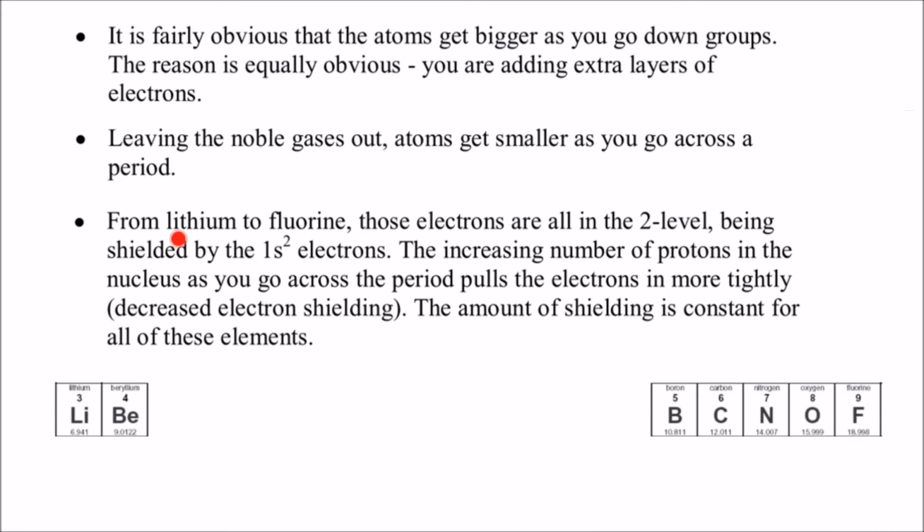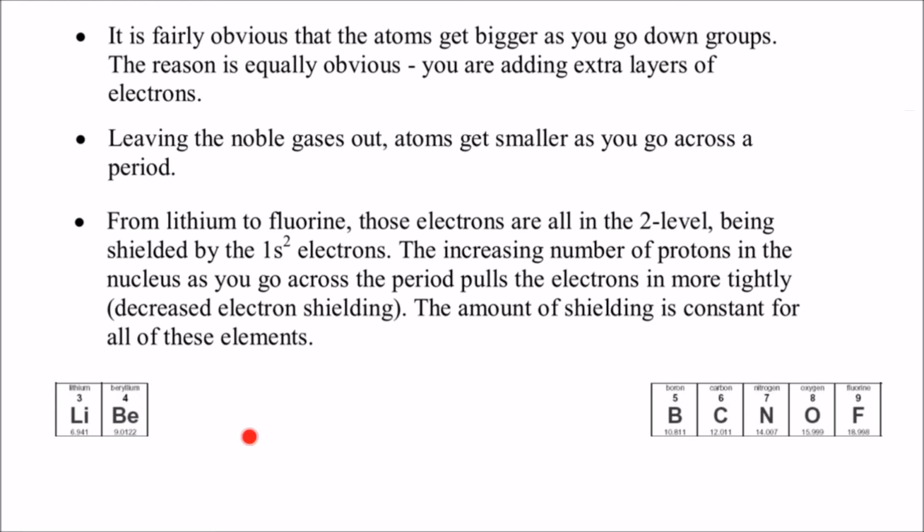And from lithium to fluorine, this is just an example, they're all in the second energy level. I've just taken the second row of the periodic table and pulled it out here. Okay, all of the electrons in that second energy level are shielded by the electrons in the first energy level that came before it.